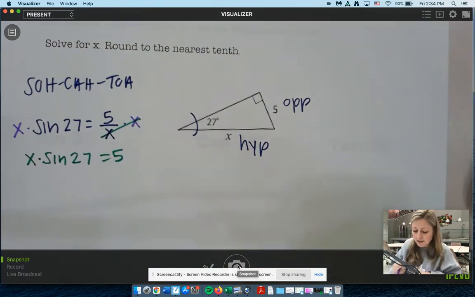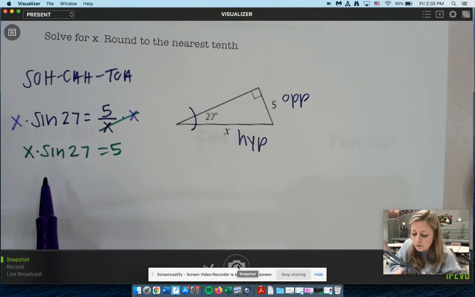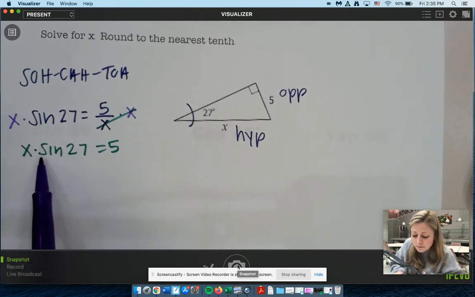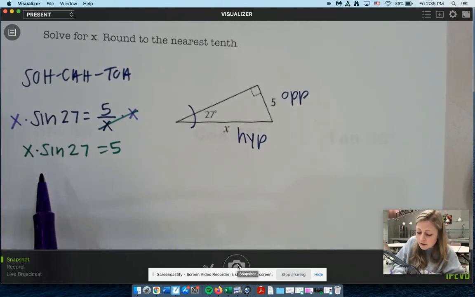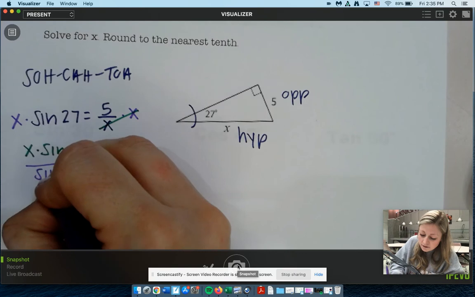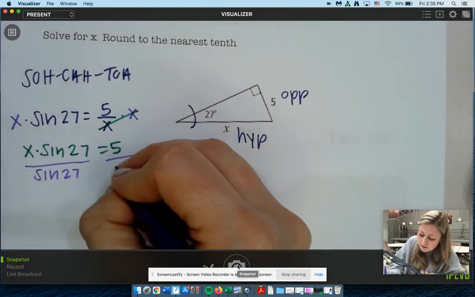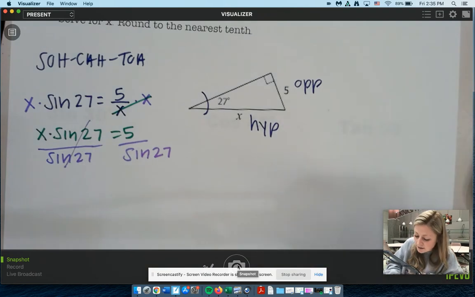Now remember, folks, I said this is just some number. It's just some decimal that someone figured out for us a long time ago in our calculator. Since you're just multiplying by some number, we're going to divide by it to get rid of it. So you can simply divide by sine of 27. That cancels out on the left side, so you're just left with x.